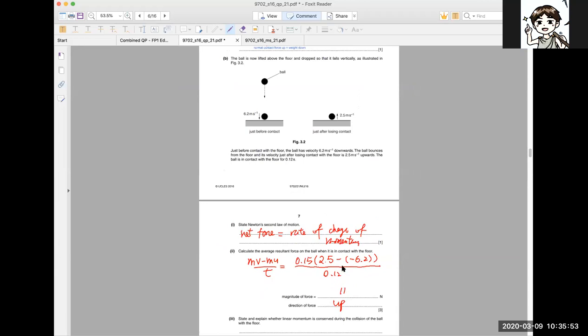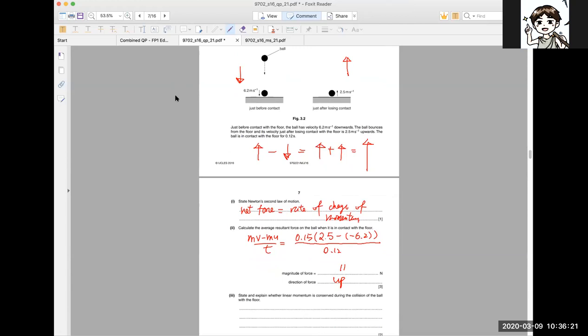Otherwise, you may think of it like this: mv minus mu, okay? mv is upwards, mu is downwards. In terms of the vector, upwards vector minus the downwards vector is the upwards vector plus the upwards vector, and that gives you an upwards vector. So the resultant force should be upwards.